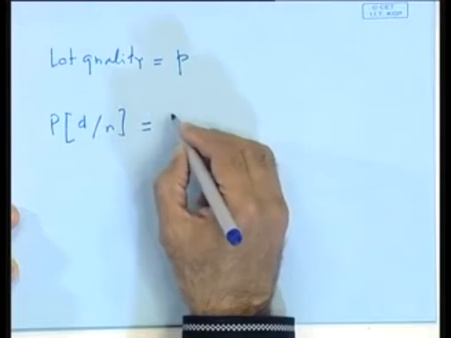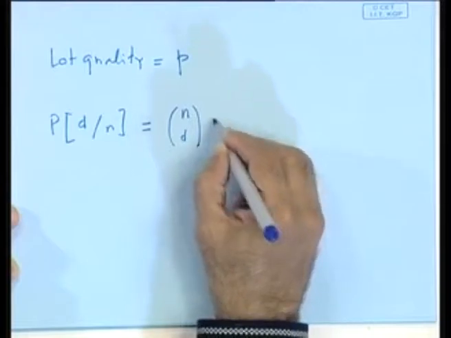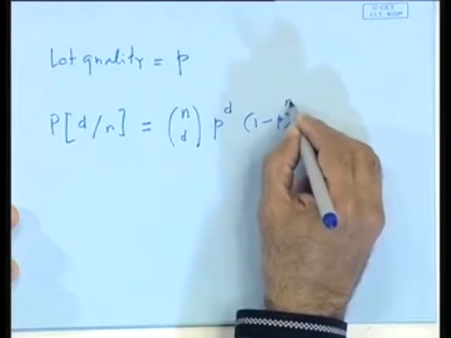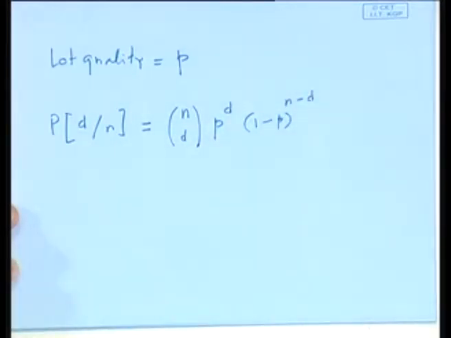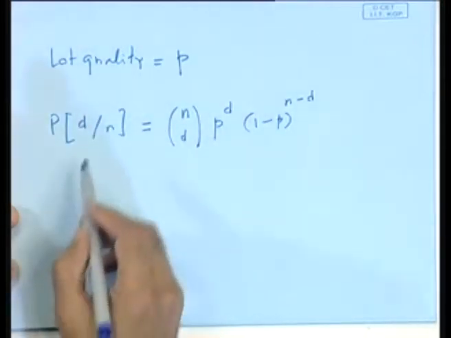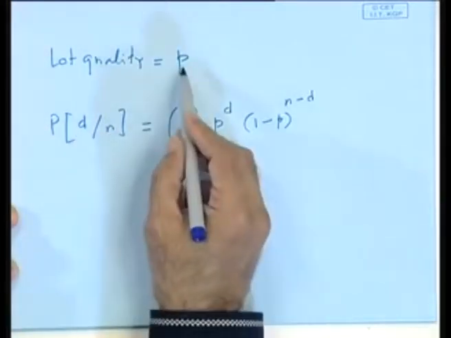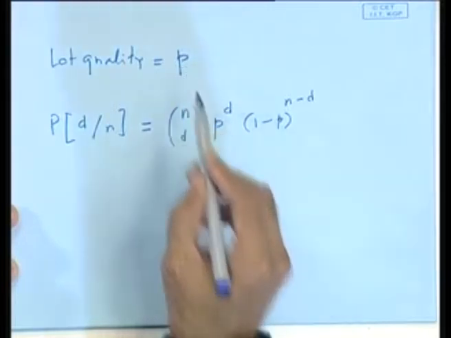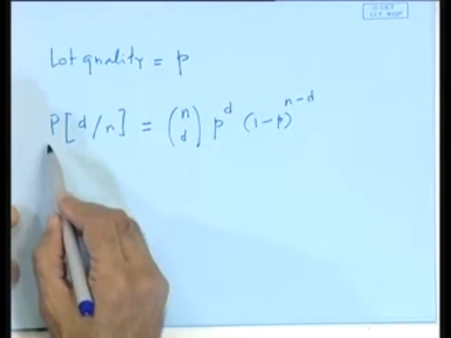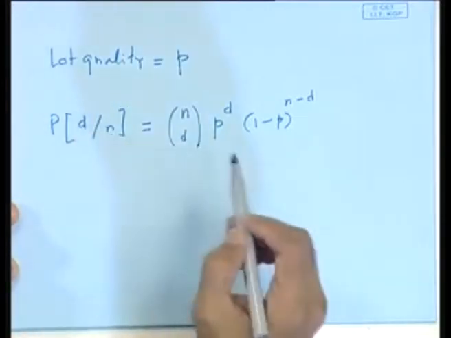This probability is equal to n choose d, p to the power d, 1 minus p to the power n minus d. And this is the exact formula that tells you if n items were chosen and inspected and d defectives were found, when p is the overall defect level of the lot, then this is the expression that will give you the quantity PA, or the probability of finding d defectives in n items.